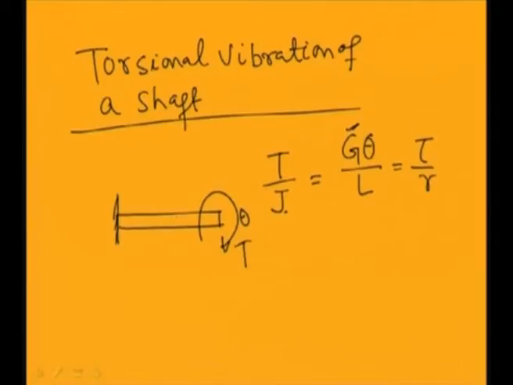So, to derive the equation of motion, I can take a small section of the shaft and find the torsional vibration of the shaft.